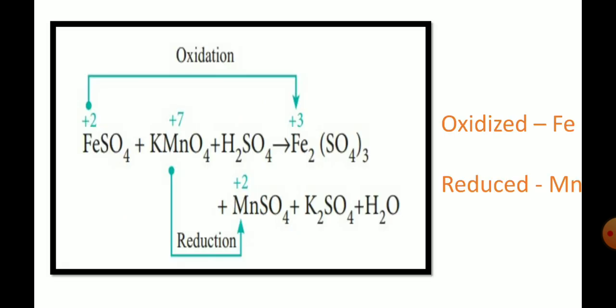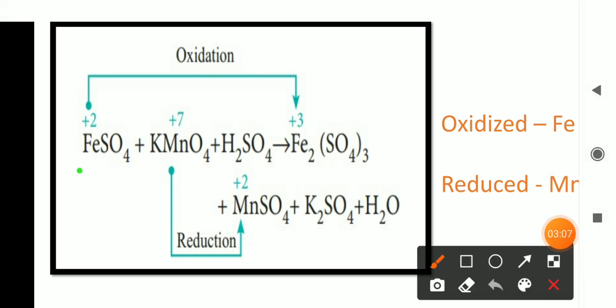Okay, look here students, what is the first component? FeSO4 ferrous sulfate. If you calculate the charge of Fe in the case of FeSO4, its charge is found to be +2. Whereas for the same ion, if we calculate the charge in the product side, the answer is +3.